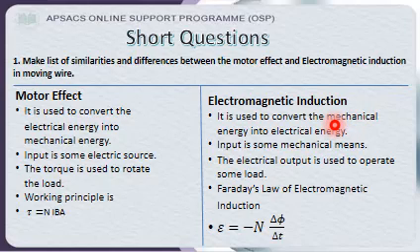E is equal to minus N delta phi upon delta t, where delta phi upon delta t is the rate of change of magnetic flux, and capital N is the number of loops. Now these are the differences. What will be the similarities? There are two similarities: both phenomena are used for energy conversion from one form to another, and both require a stronger magnetic field.